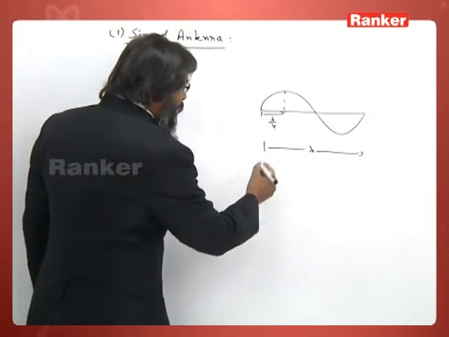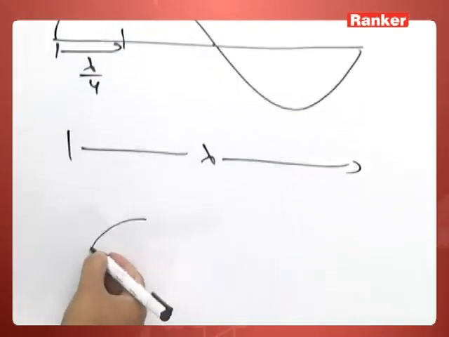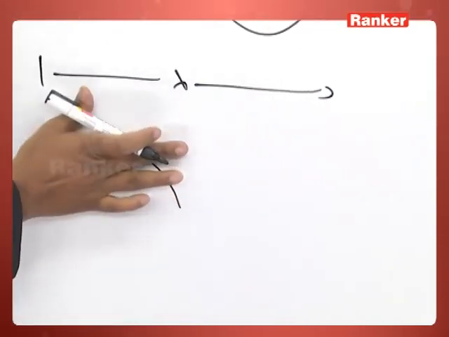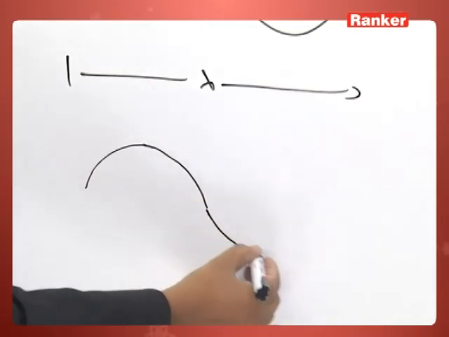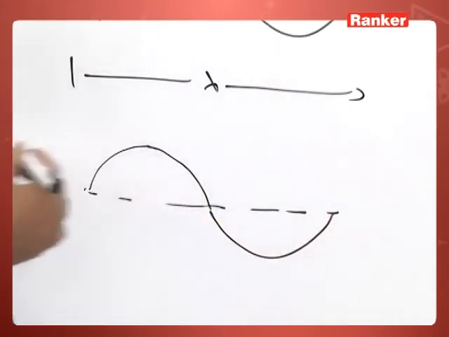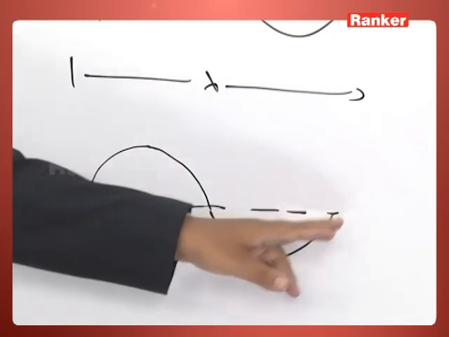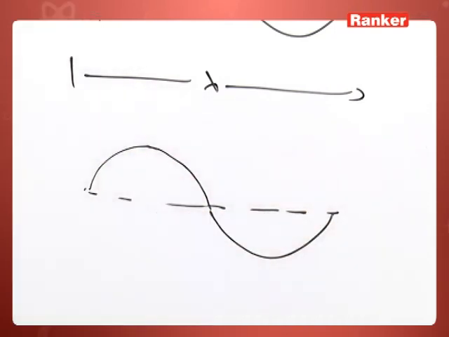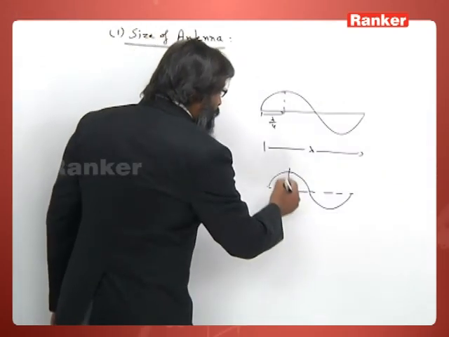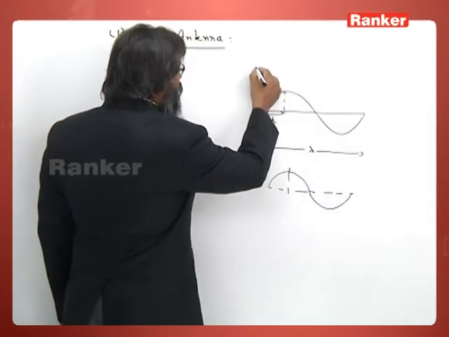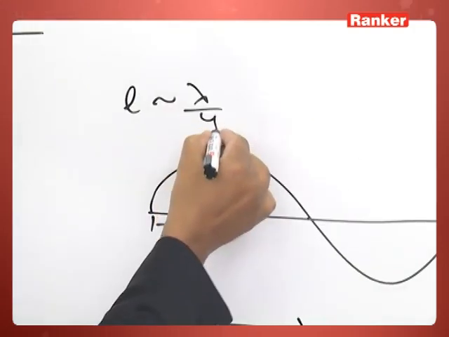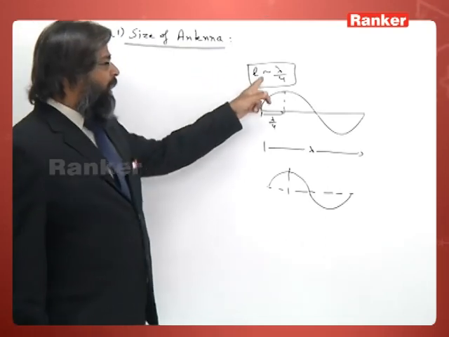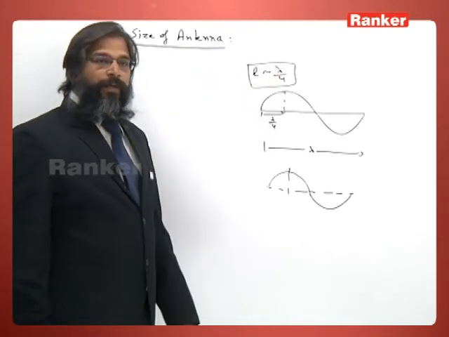If I am able to generate this part, then by taking its mirror image, I can construct the rest of the wave. That means the minimum size of the antenna should be of the order of lambda by 4.